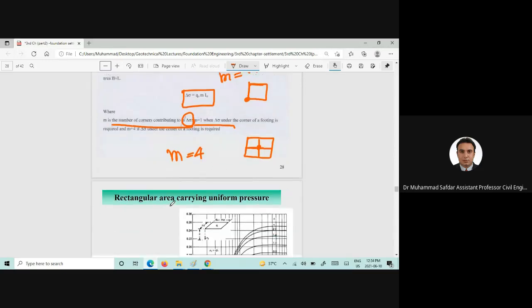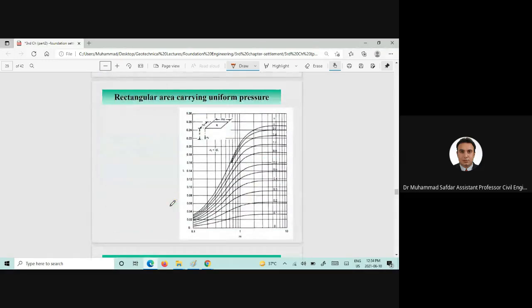I sigma can be found using this figure. This is the I sigma figure. We need to find out the M and N into Z as well. So this is the M here, and these lines show N.